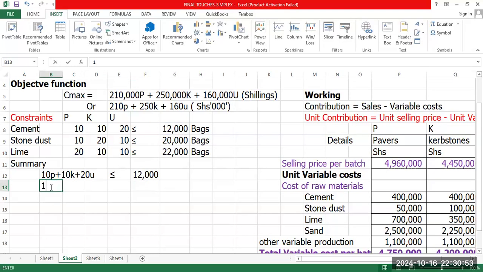We do the same for the others. 10P plus 20K plus 10U. We do the same. This is 20P plus 10K plus 10U.